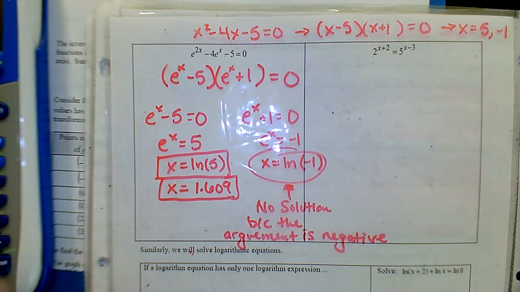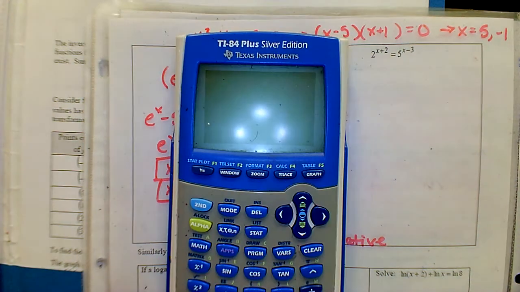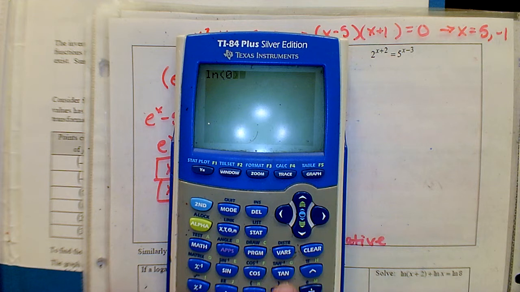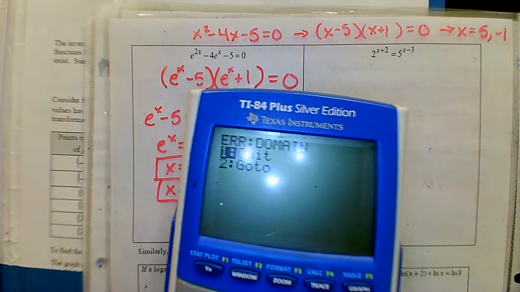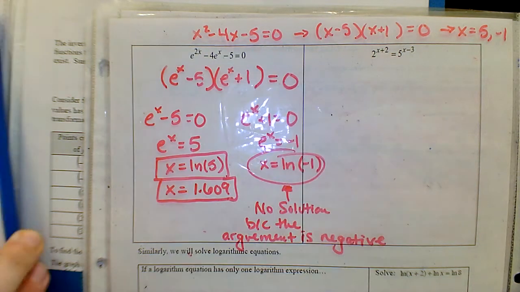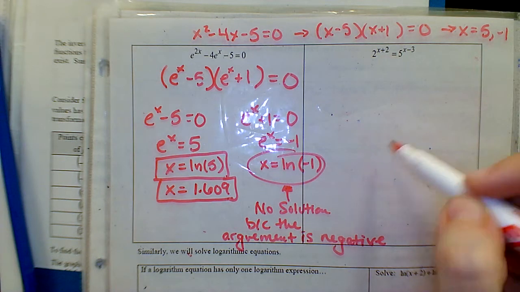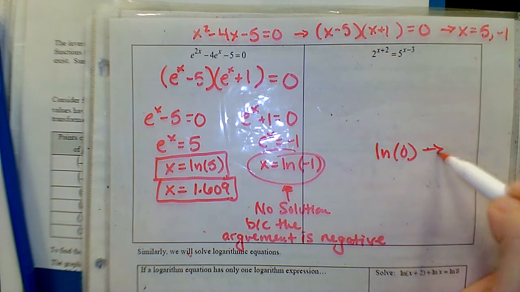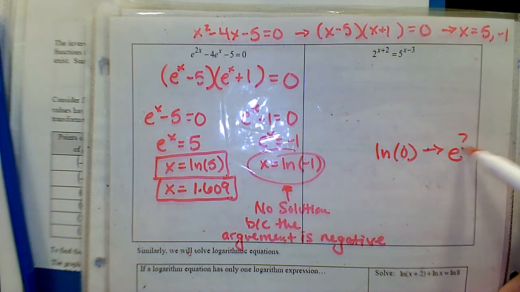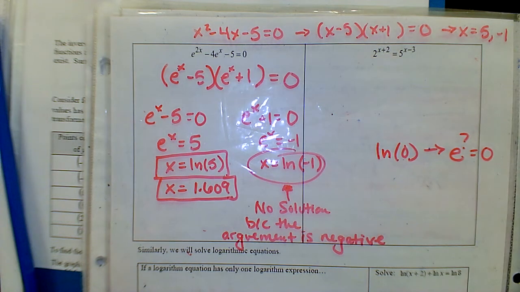Okay. What if this was natural log of 0? Not quite. Another error message, right? Not possible. Check this out. If I had the natural log of 0, that's stating e to what power is 0.